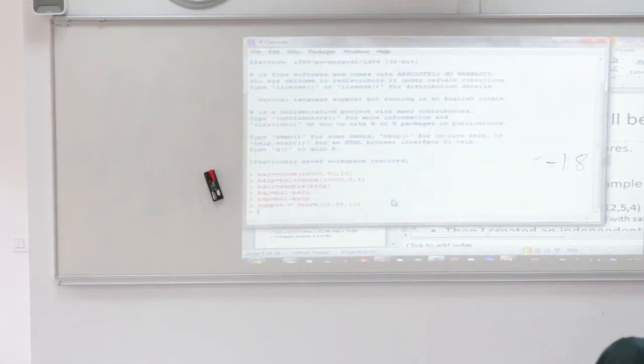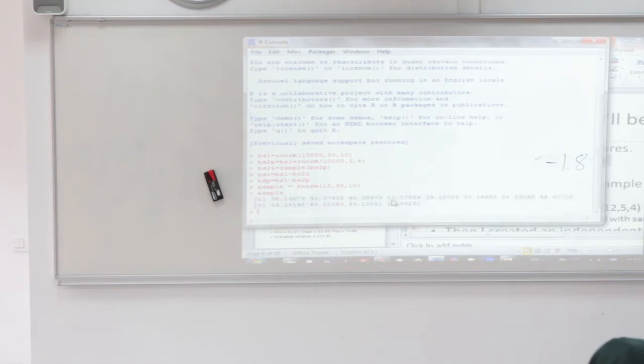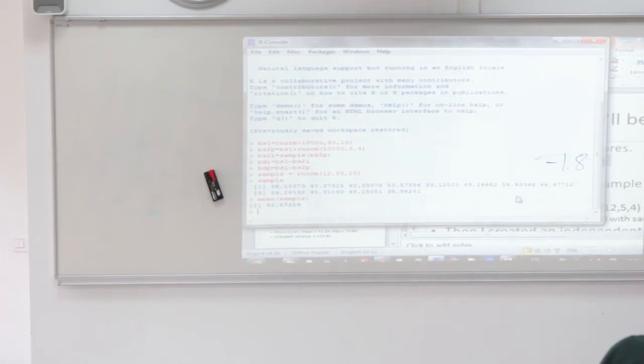All right, so here's my sample. 36, 40, 40, 53, 39, 49. It's a random sample that should have a mean around 50. Mean of sample: 45. It's not 50. We have a pretty small sample size, so the law of large numbers hasn't really kicked in yet.